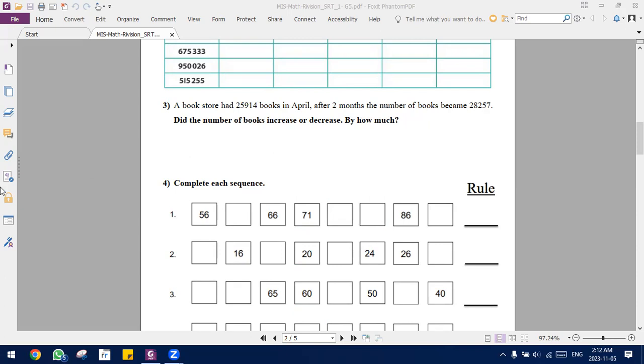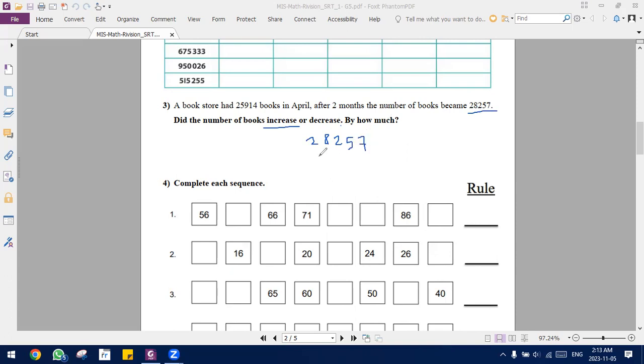So for sure, the number of books has increased. It says by how much. So here they are asking me to find the difference. To find the difference, we always start with the largest value, which is 28,257.